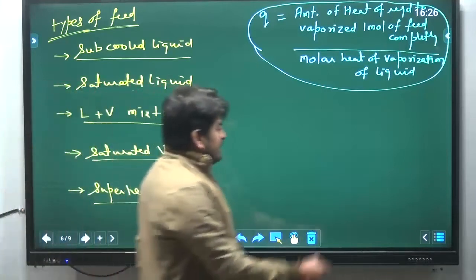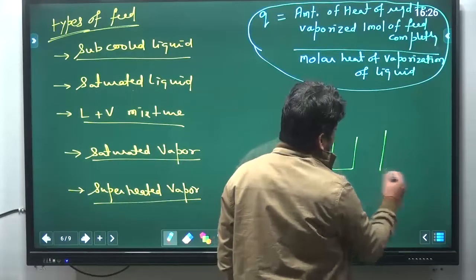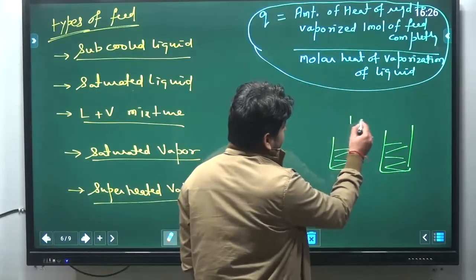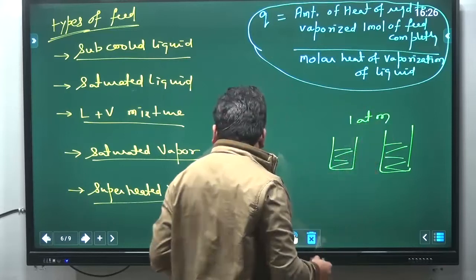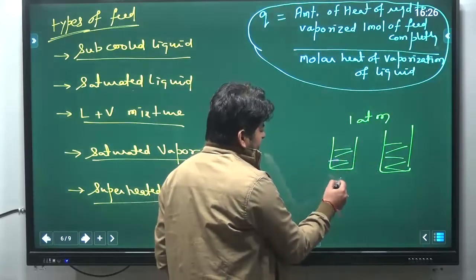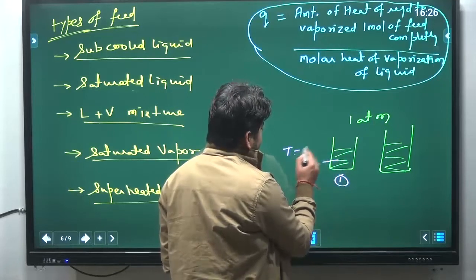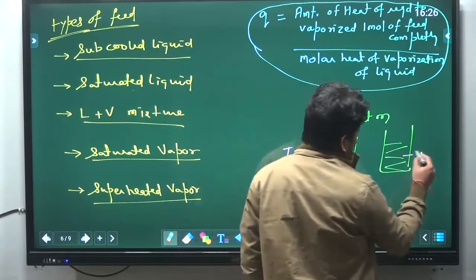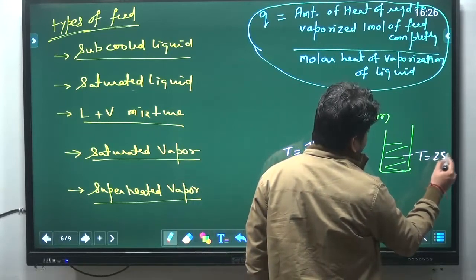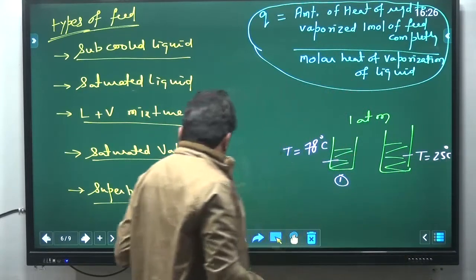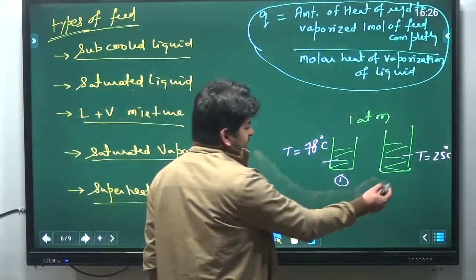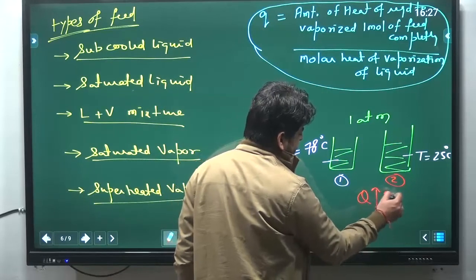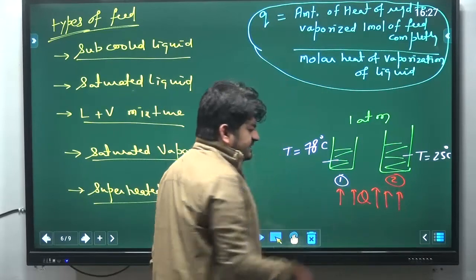You can understand, suppose we have two containers filled with liquid water at 1 atm pressure. In the first container the temperature is 78 degrees Celsius. Here the temperature is 25 degrees Celsius. Now this is the second container. We are supplying the heat to these containers.